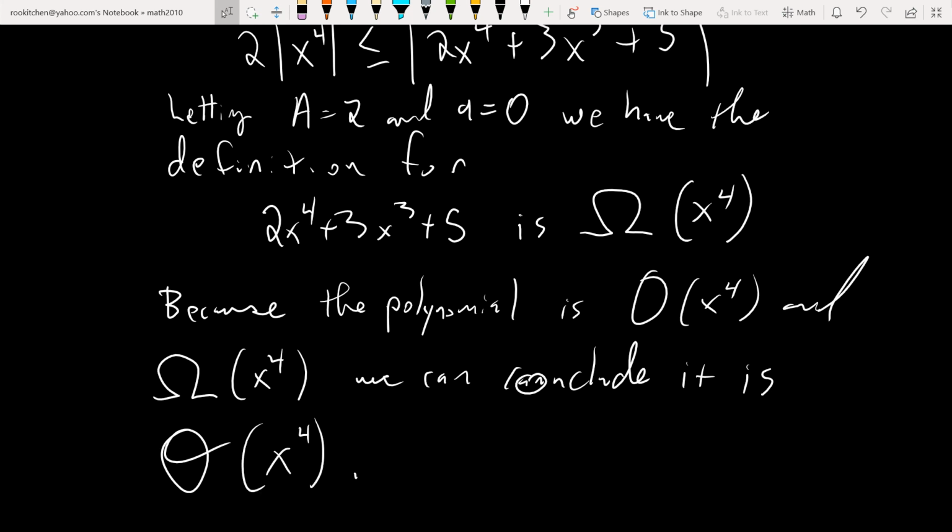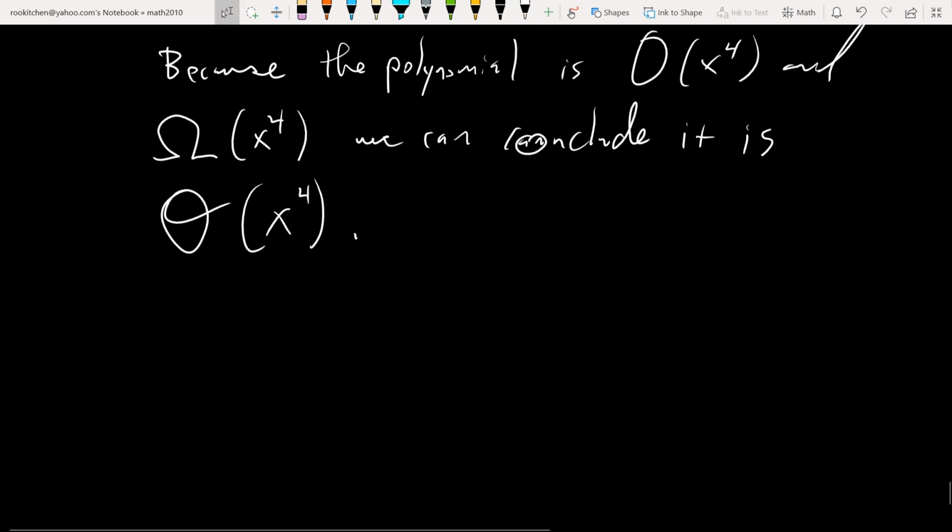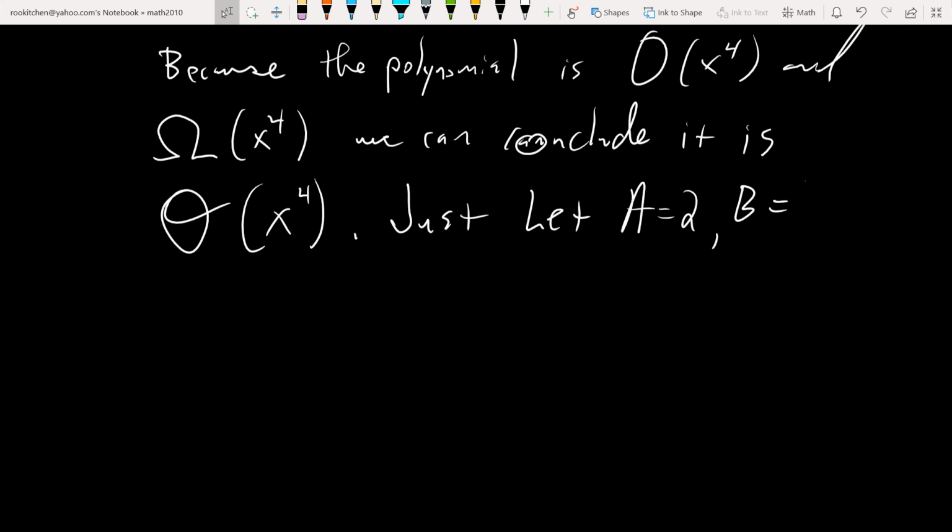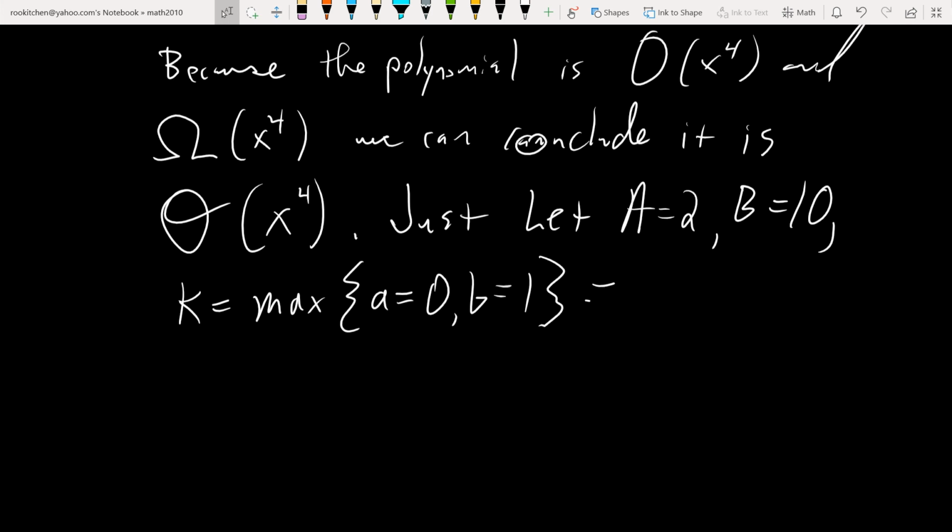In particular, if you don't believe me, you just let, in this case, a equal 2, b equal 10, and then k is equal to the max of a, which I think we said was 0, and then little b, which is 1. In this case that will give you 1 for your k value, which will lead to the fulfillment of the definition for big theta.